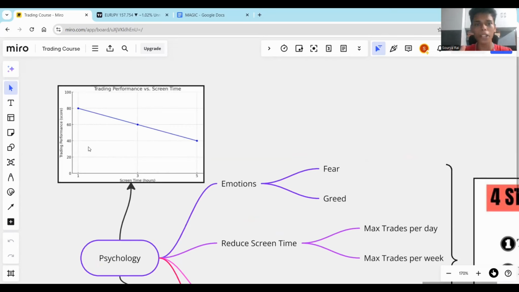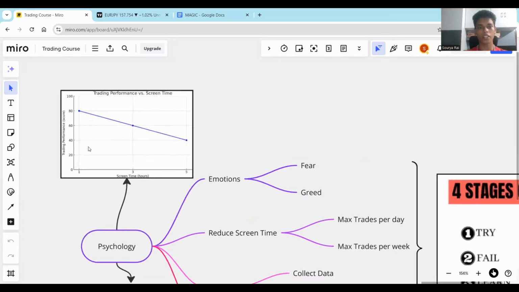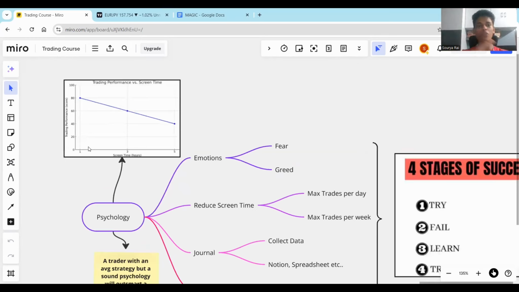So it's not like a typical job where the more hours you put in, the more money you make. In trading, you get paid for the quality decisions you make. So if you're stuck in the charts 24/7, you deplete your mental capital, which hinders your ability to make rational decisions, which ultimately affects your trading performance.